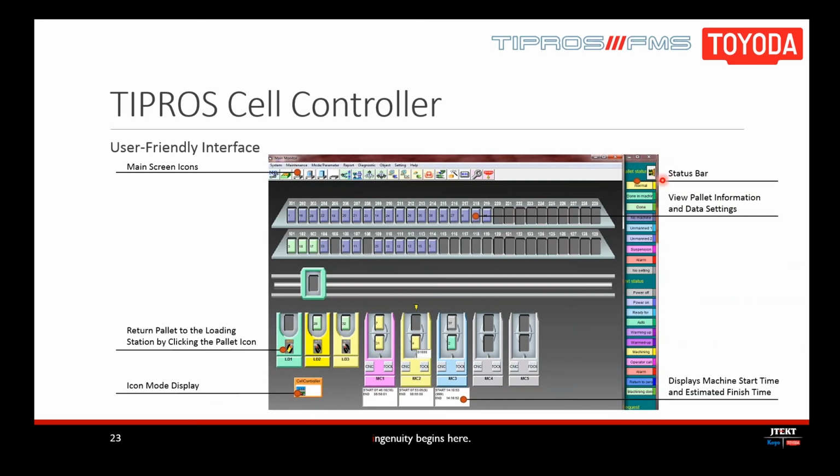Over here we have our status bar. We have the status of all the pallets, which you can view from this computer or anywhere in the shop if you have the software to link this to it. And then you have our unit status. So now I'm going to take you over to Tim to let him explain the colors of our pallets.